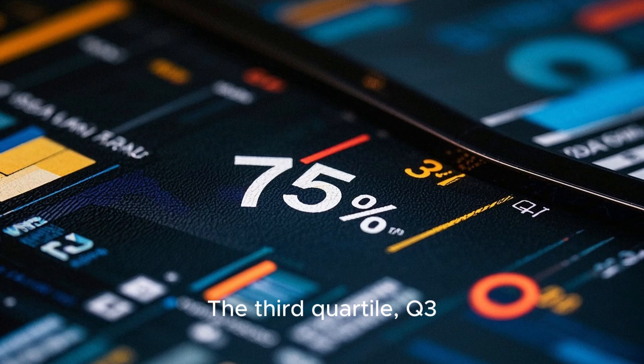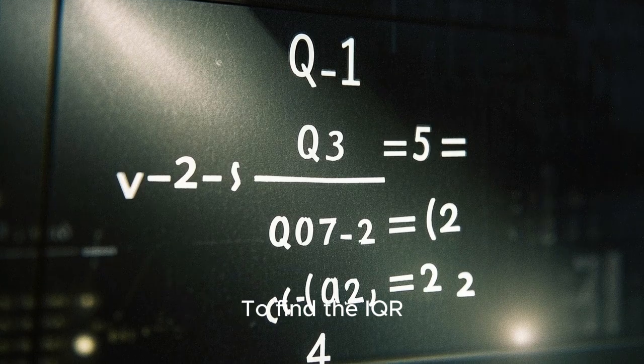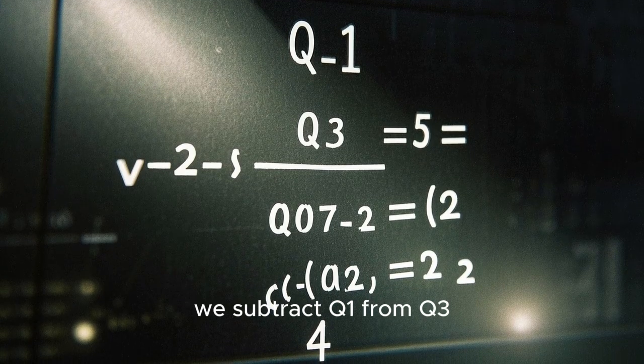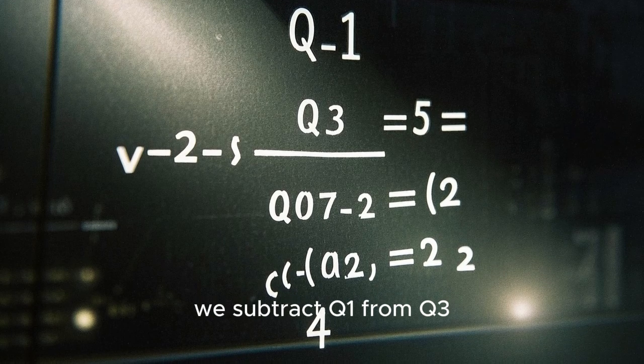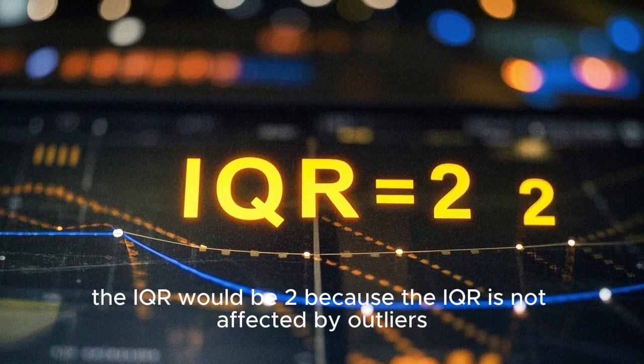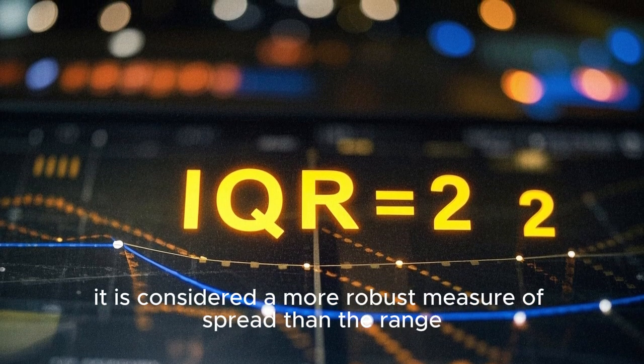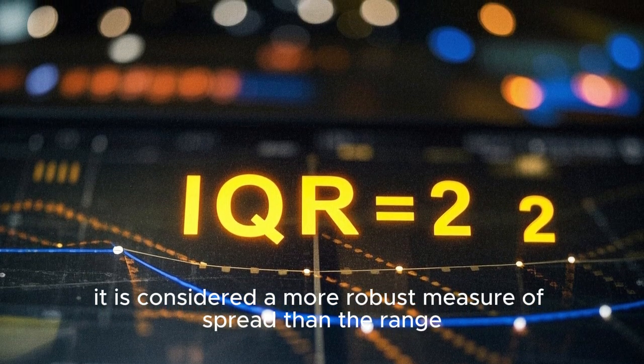The third quartile, Q3, represents the 75th percentile. To find the IQR, we subtract Q1 from Q3. In our previous example, the IQR would be 2 because the IQR is not affected by outliers. It is considered a more robust measure of spread than the range.